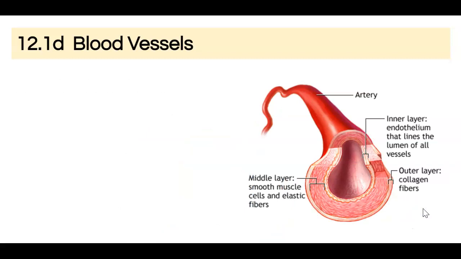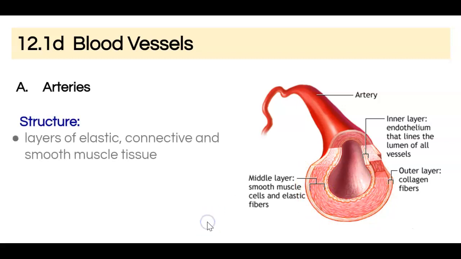So here's a diagram of an artery. What I hoped you noticed was that when we compare an artery to a vein and even to a capillary, the artery is much, much thicker. And so why might that be? Well, we see that it has those layers of elastic, connective, and smooth muscle tissues.